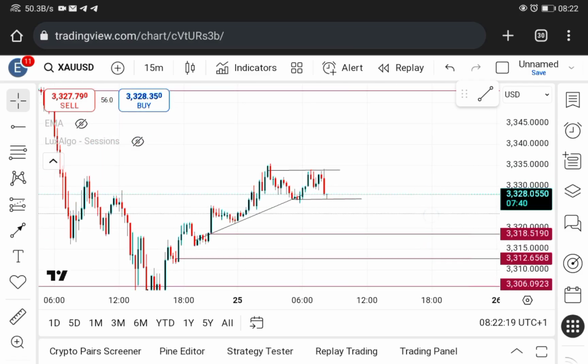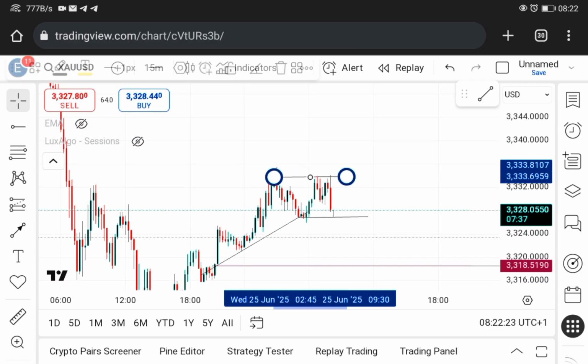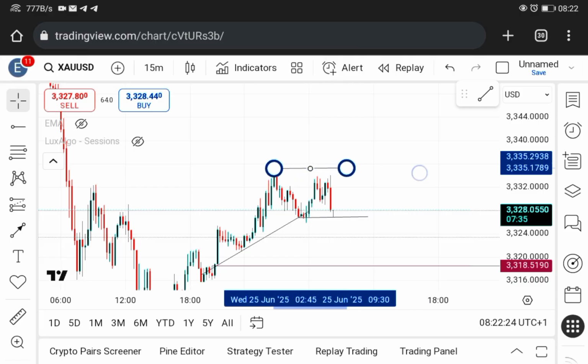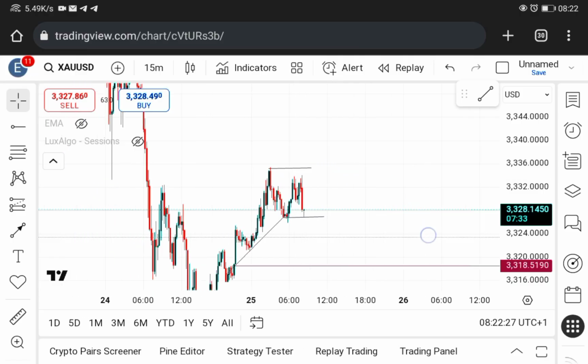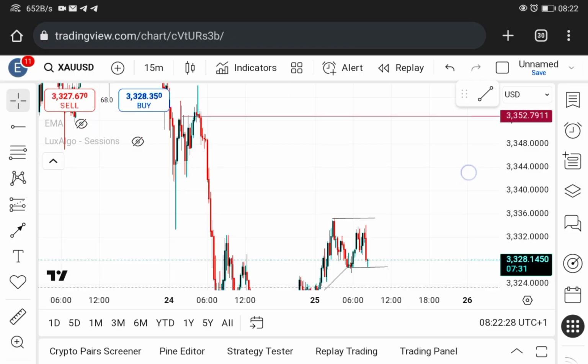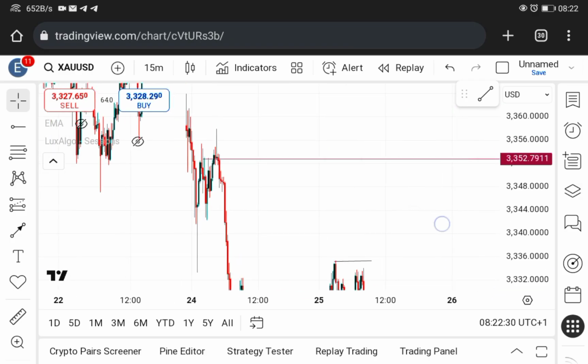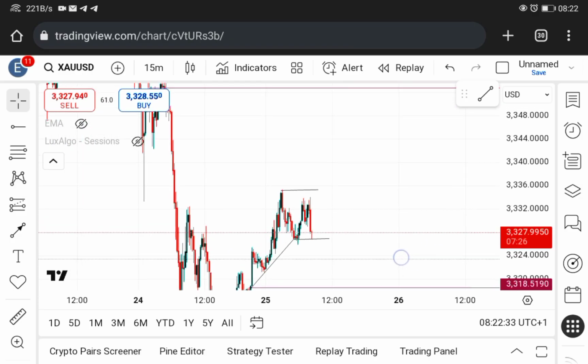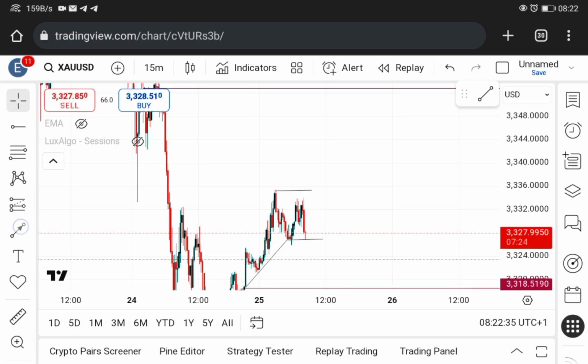But if that doesn't happen, if it breaks this up this morning, I may look for an entry back to this zone.